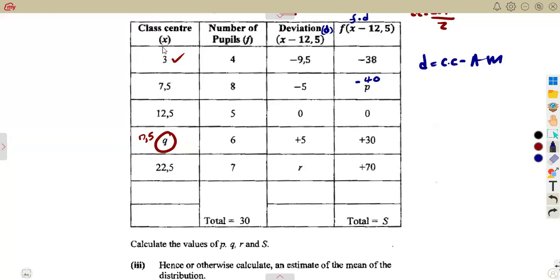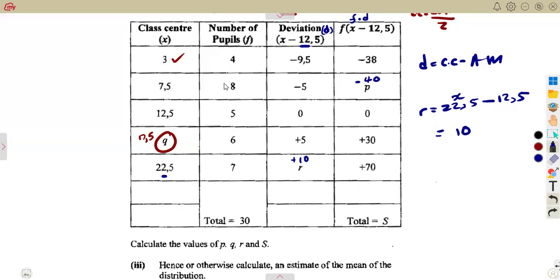So you simply take R to be the class center 22,5 minus the assumed mean, which is 12,5. That is 10, a positive 10. You can see they wrote the sign. So that's 7 times 10, which is a positive 70.